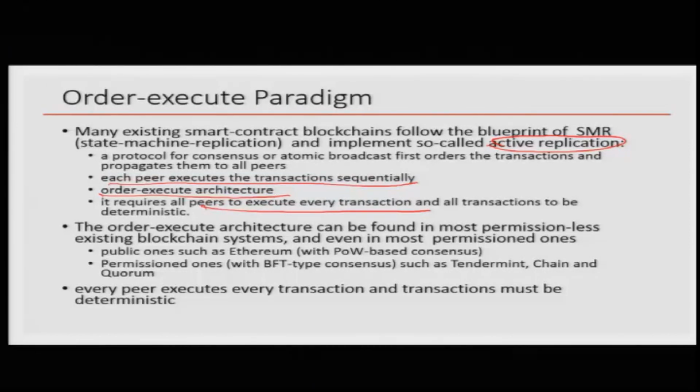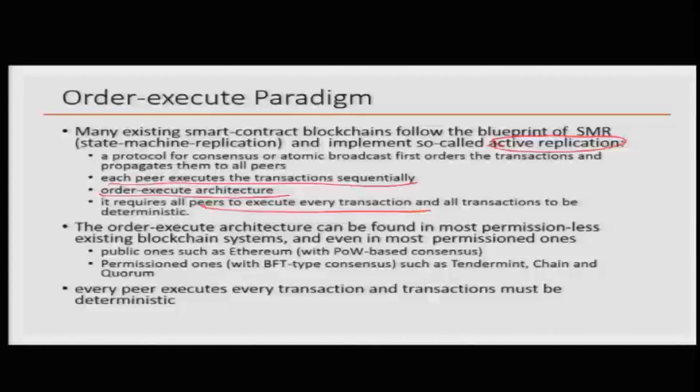Remember that in Ethereum we cannot have a random call to a random number generator, for example, because we do not want non-determinism. Once the block and order have been decided, that block goes to somebody else, who will also execute all the transactions, and if there is non-deterministic execution, then the state in one node will be different from the state in the other node.